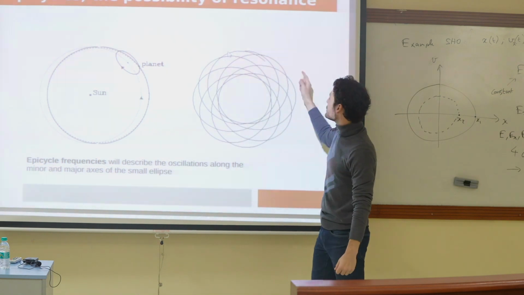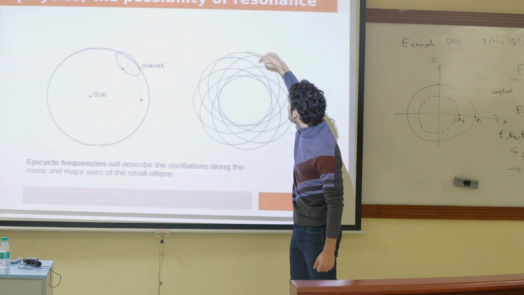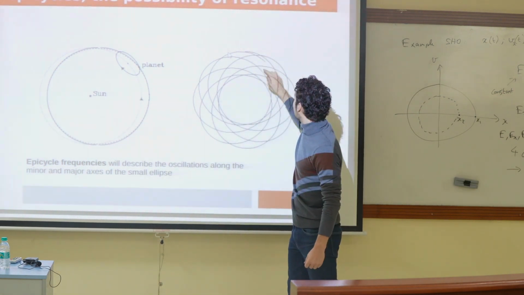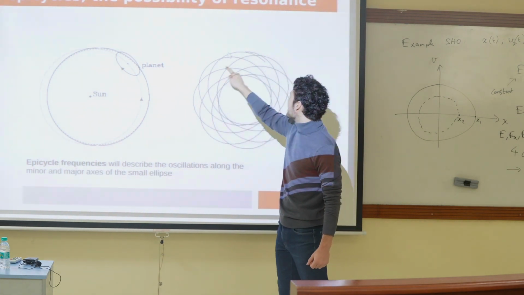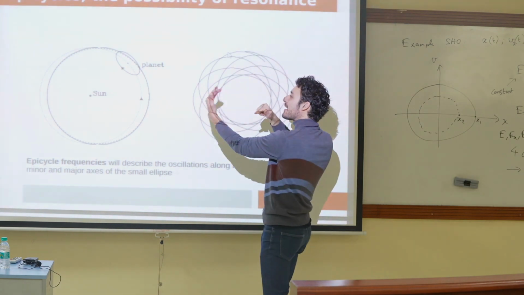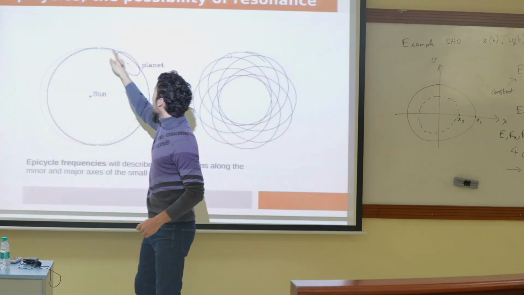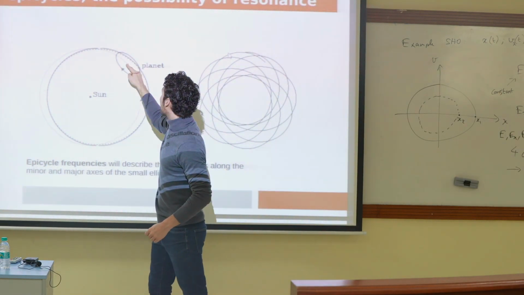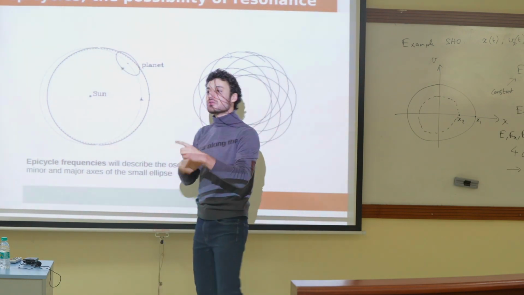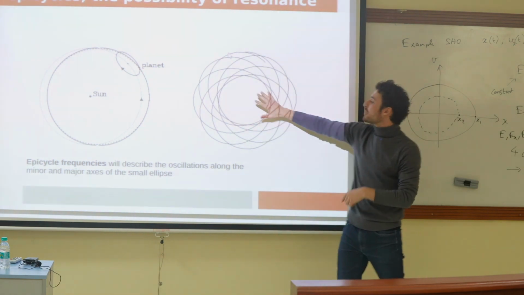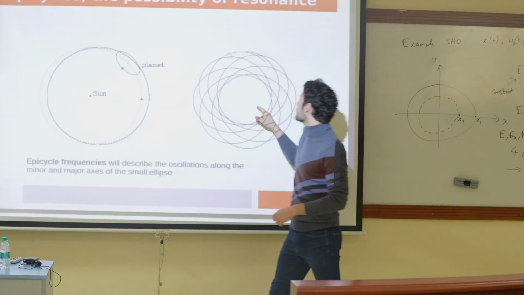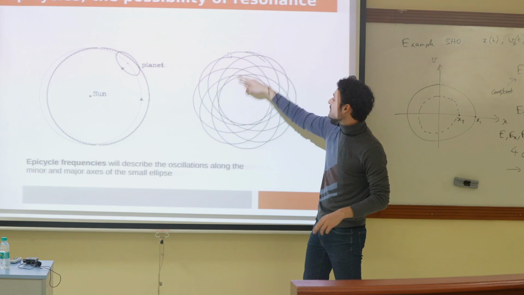So instead of closing back in, what happens is that you go like this. You start out here, you go around the circle, but instead of coming back to your initial position, you come back slightly away from it, so you go like this. Now you're back here, and you're going to describe what is known as a rosette, right? So in a potential that's slightly more complicated than the Kepler potential, you're just going to loop around like that.